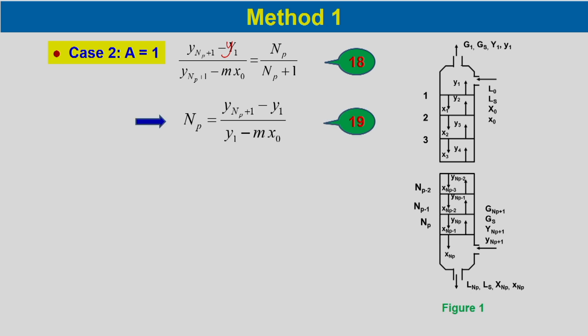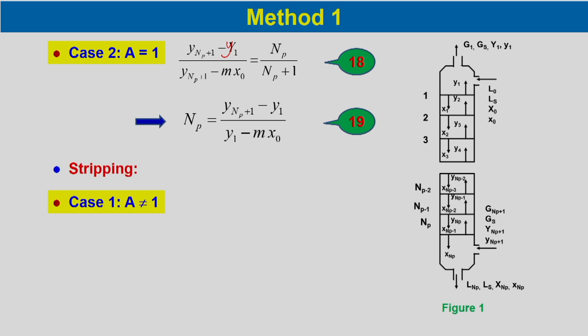If we rearrange this equation, we can get n p equal to y n p plus 1 minus y 1 divided by y 1 minus m x naught. So, in this case, knowing the inlet concentration of gas and liquid and the exit concentration of the gas, that is the terminal concentration, we can obtain the number of plates when the absorption factor is 1.